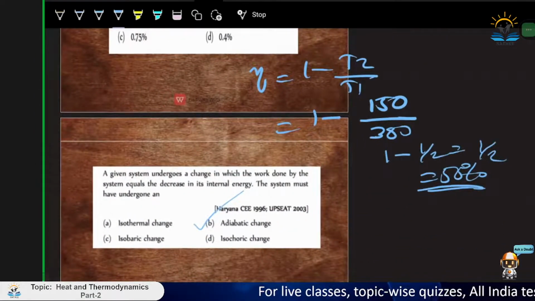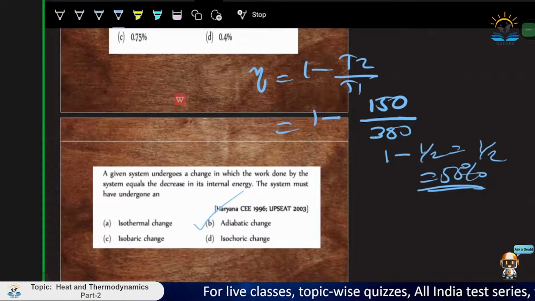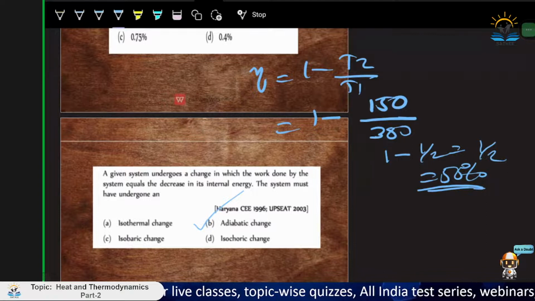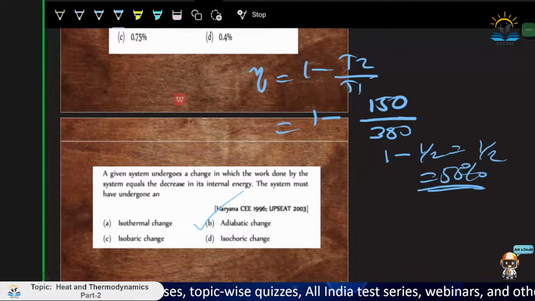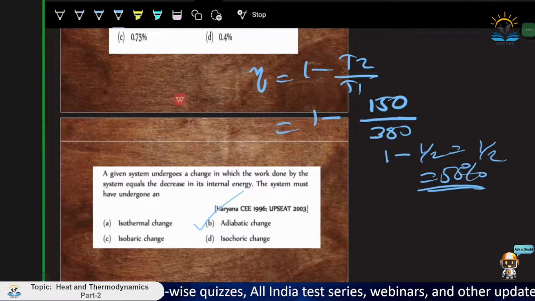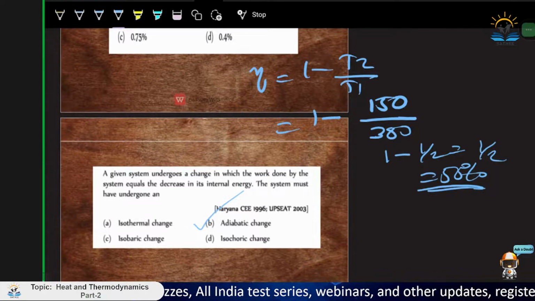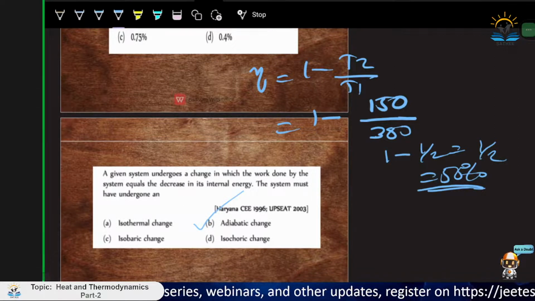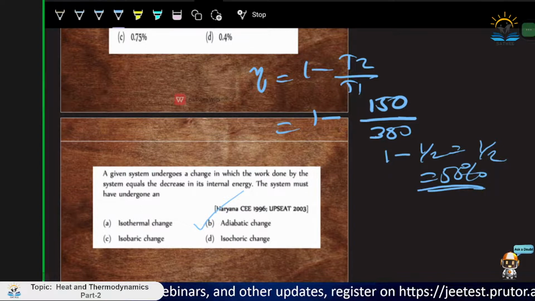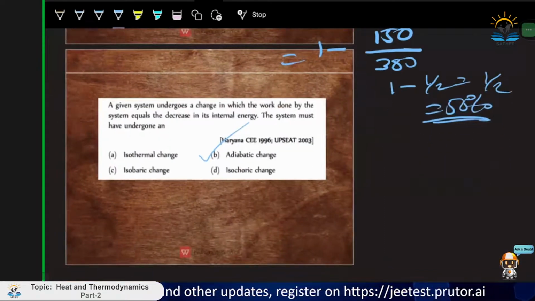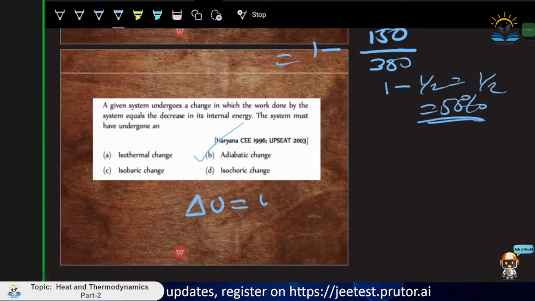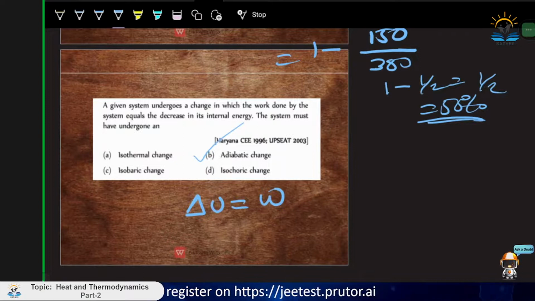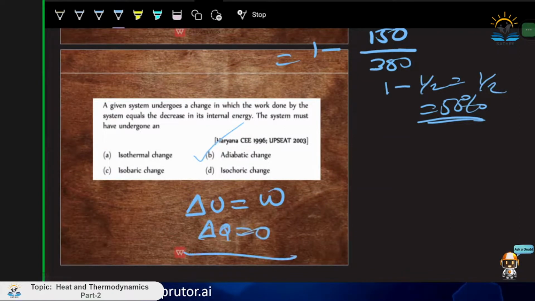A given system undergoes a change in which the work done by the system equals the decrease in its internal energy. The system must have undergone what type of process? Delta U is equal to minus W, so delta Q is equal to 0.